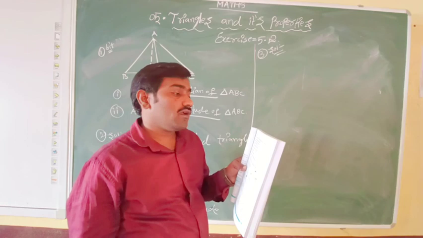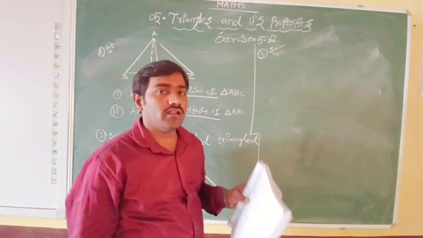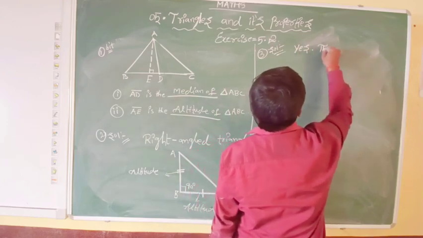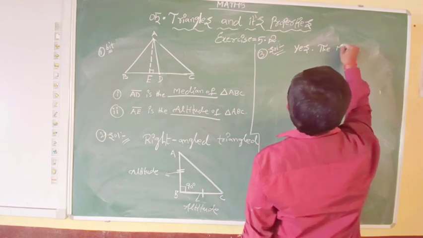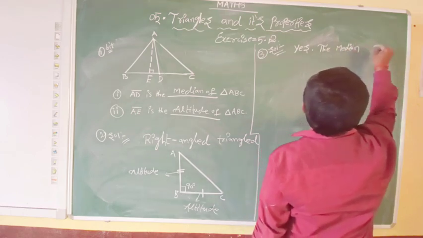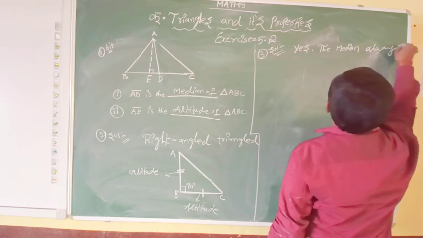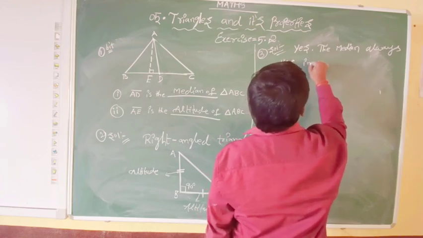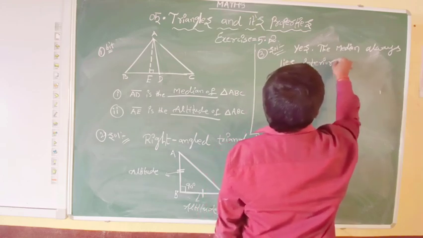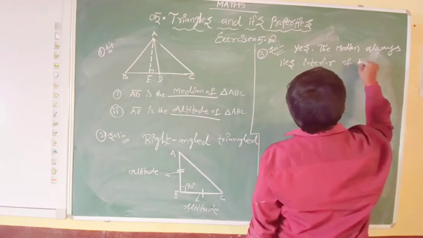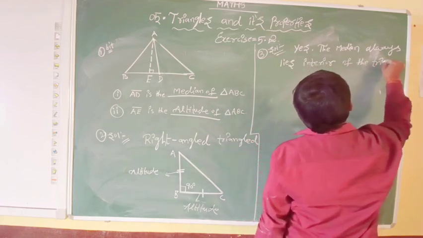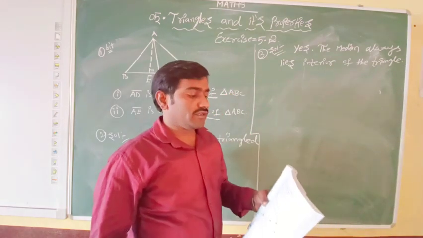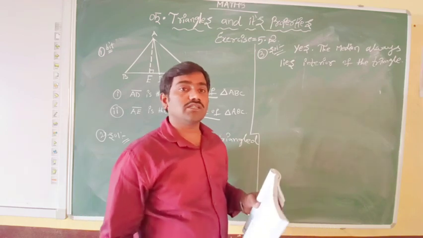And question number 3, which I have written here already, I already discussed with you. Does a median always lie in the interior of the triangle? Yes. The median always lies in the interior of the triangle. The median will always be interior to the triangle only. We have seen many diagrams.